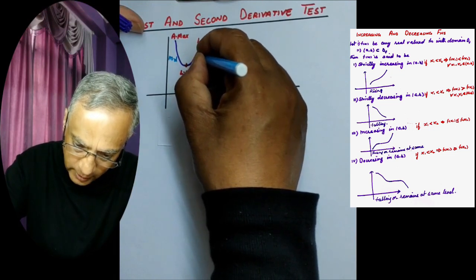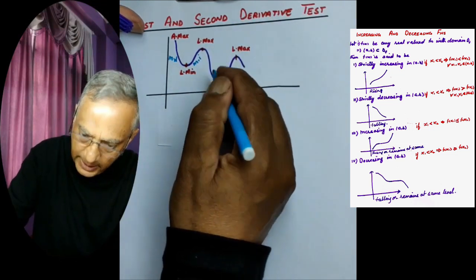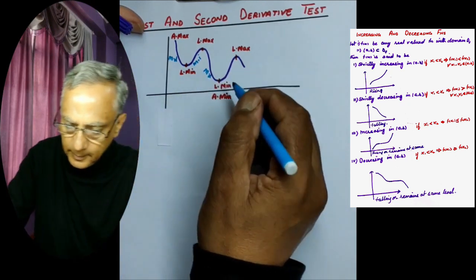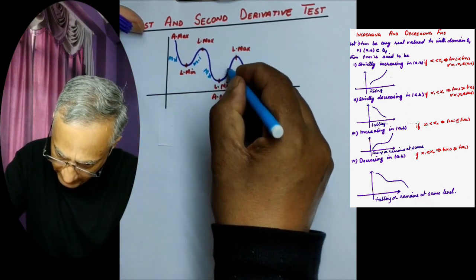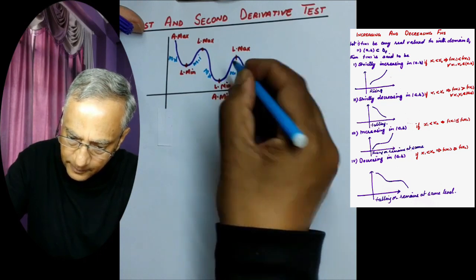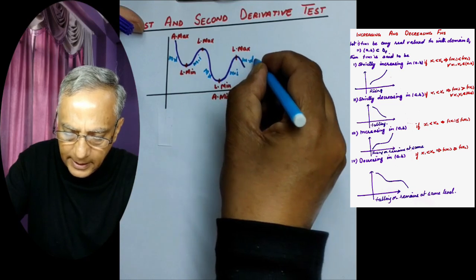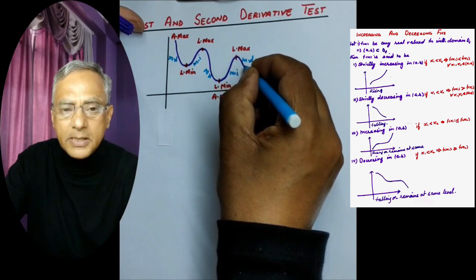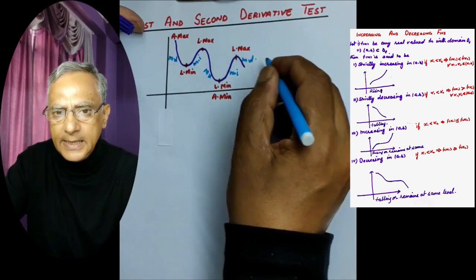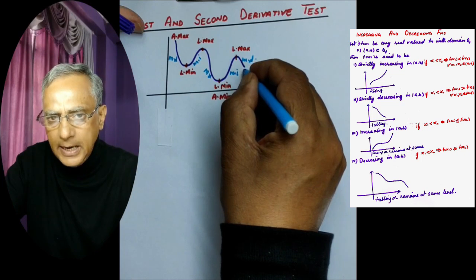And from here to here, it is monotonically decreasing. From here it is again rising, so this must be monotonically increasing. And here it must be monotonically decreasing because the graph is falling. Values are decreasing as we increase x.